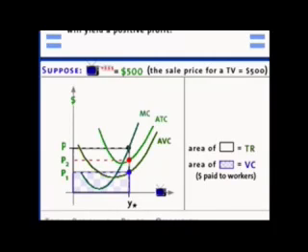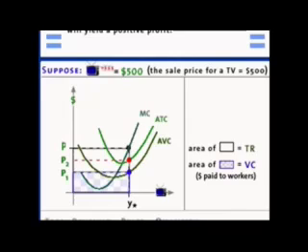So this little chunk of the parfait now that's sitting on top of variable costs, what is that? That's average total costs after you take out the variable cost. Well, what's left? What's the difference between total cost and variable cost? The answer is fixed cost.